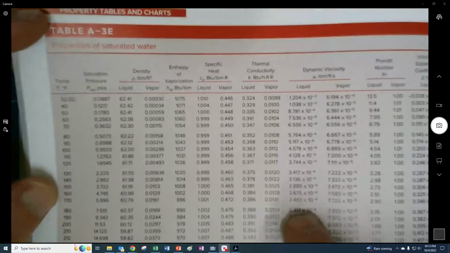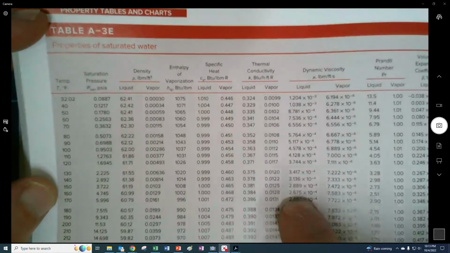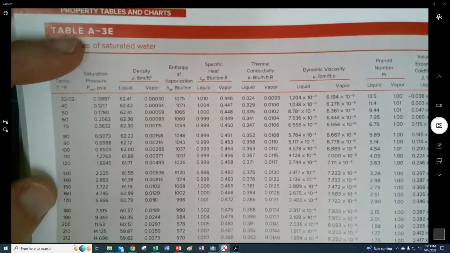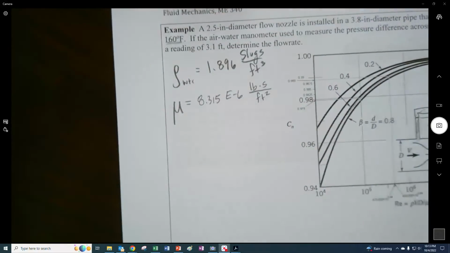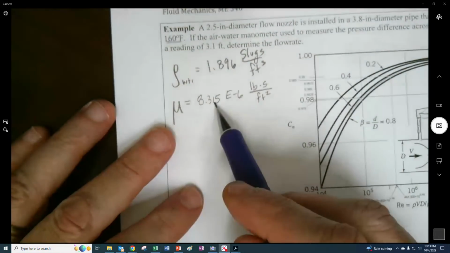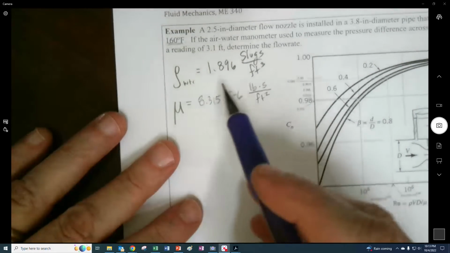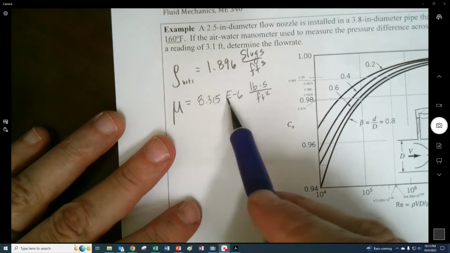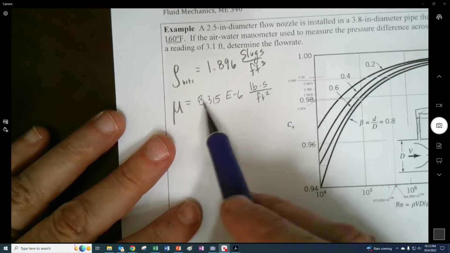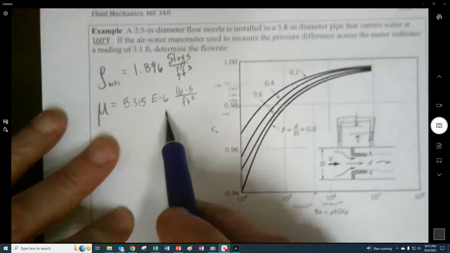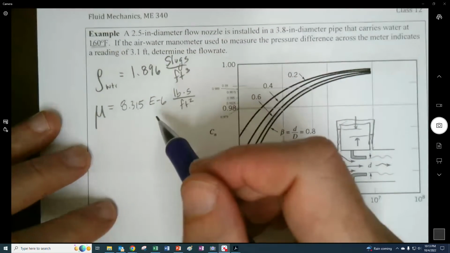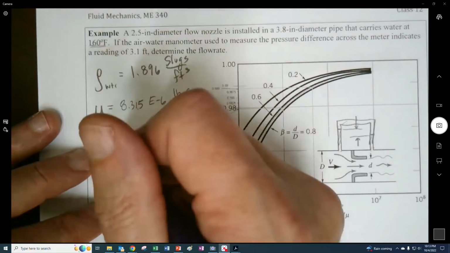If you divide this by 32.2, you get the same viscosity as I do. So you don't need to divide by the acceleration of gravity. You could just use this one, whereas with the pound mass, you'll have to. So just be aware of that.